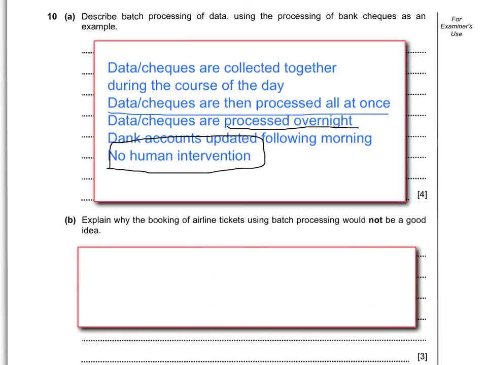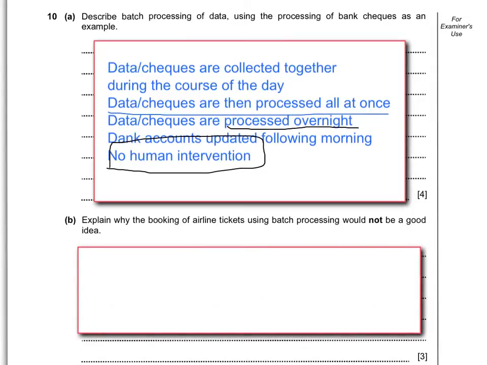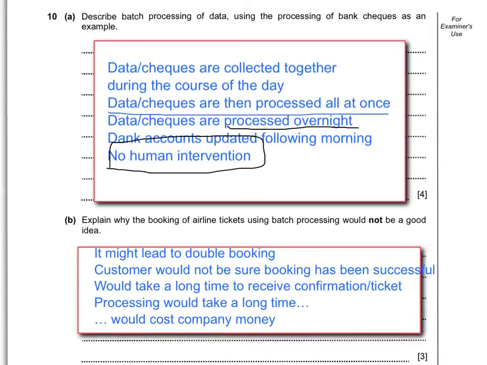This requires some knowledge of the other types of processing, but as you know now why batch processing is done overnight, as explained earlier, we now need to look at why it would not be a good idea. If we're going to use batch processing as a form of booking airline tickets, we know now that it's done all at once overnight.